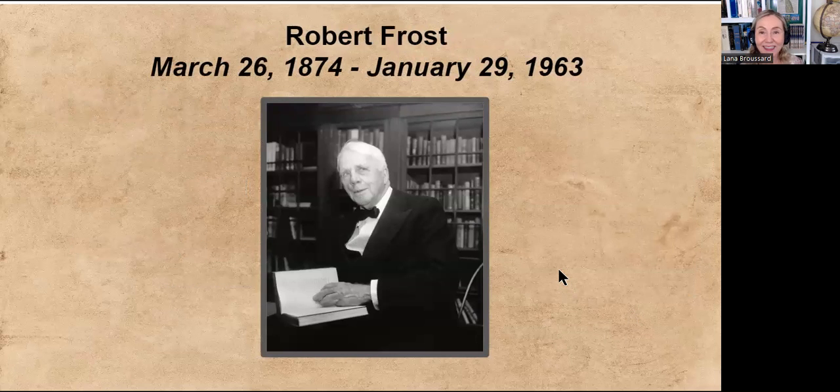All right. So here is the poet that we are going to be working with today. You can see that he lived a while ago, 1874 to 1963. And this is Robert Frost. He is one of the most famous and well-known poets in American history.